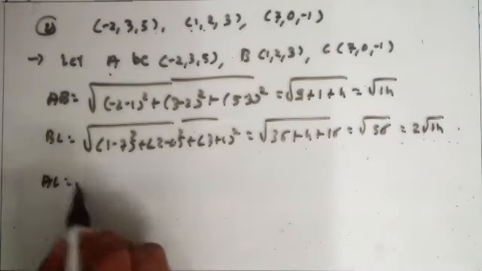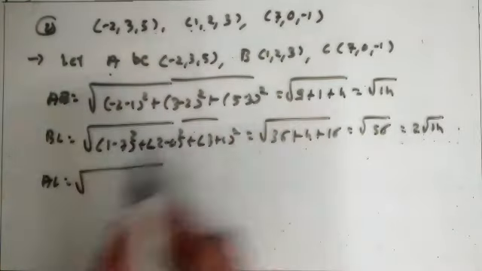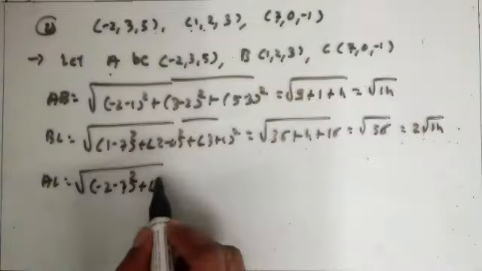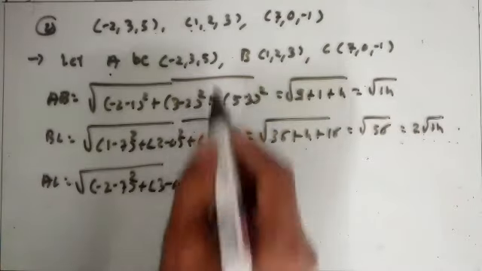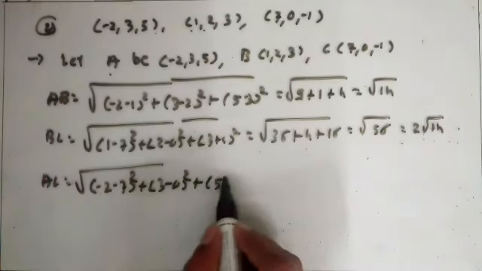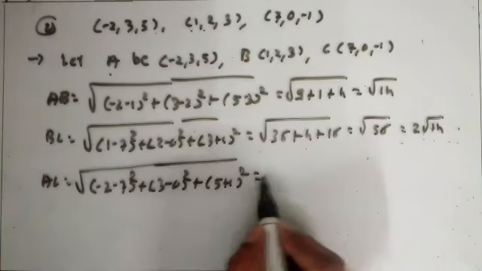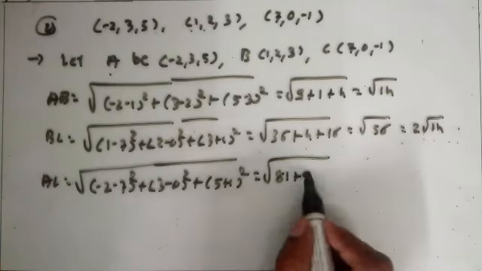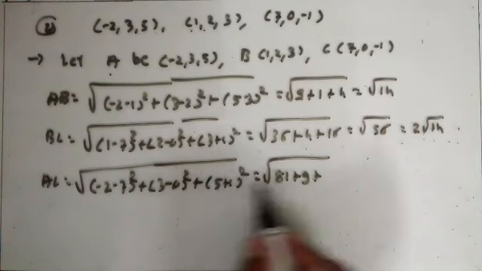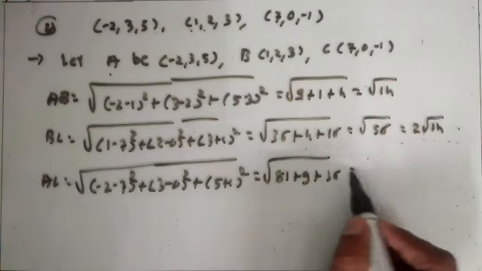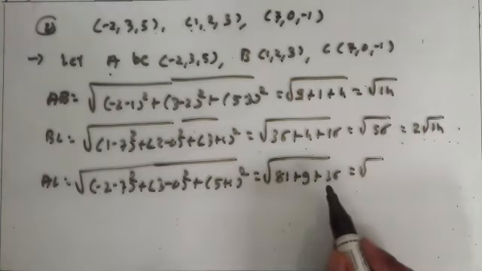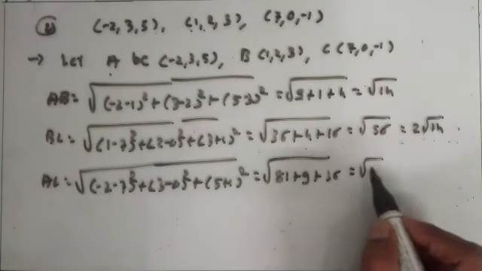So AC is equal to root of minus 2 minus 7 square plus 3 minus 0 square plus 5 minus minus 1 square is equal to root of, here 9 square is 81 plus 3 square is 9 plus 6 square is 36 is equal to root of 90 plus 36, that is 126.